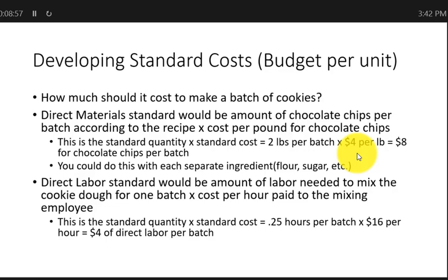Moving to the labor that's needed to mix the cookie dough, we need to look at how much time it takes to mix one batch of cookies, and then look at the cost per hour for the people who are mixing those cookies. The standard quantity is 0.25, or a quarter of an hour, 15 minutes if you like to think in minutes, per batch, and it's $16 per hour for our labor folks. So that's $4 of direct labor, the actual mixing cost, per batch of cookies.